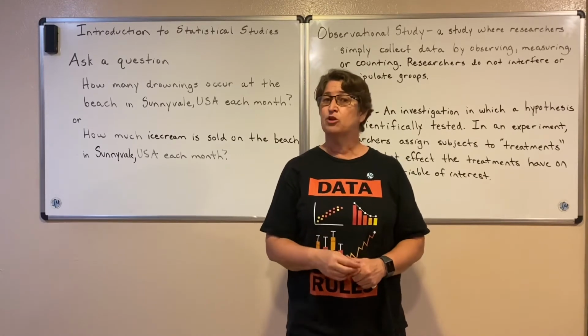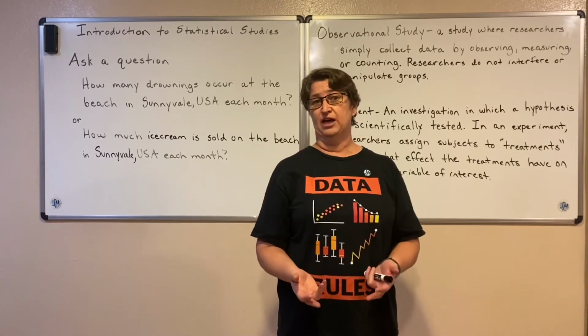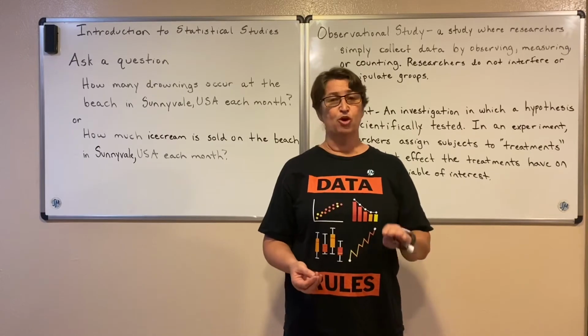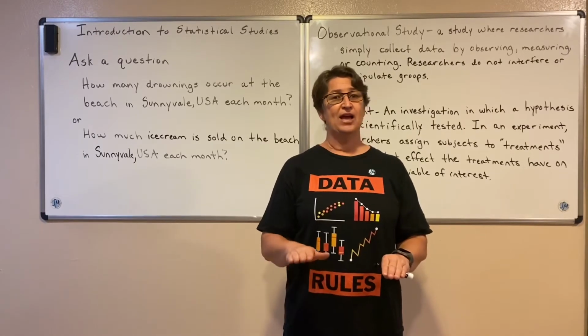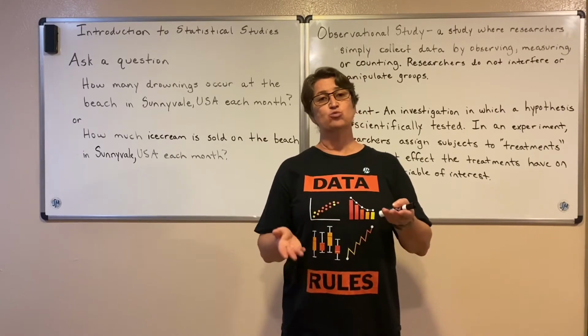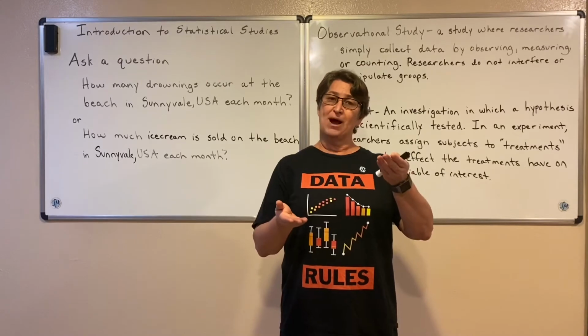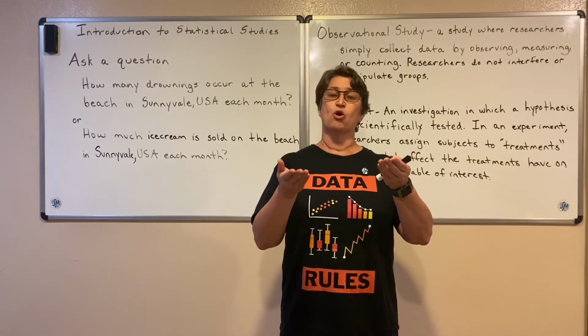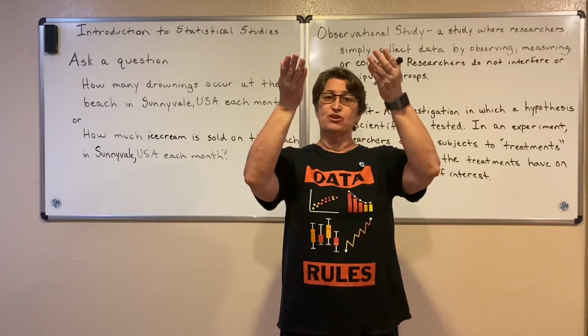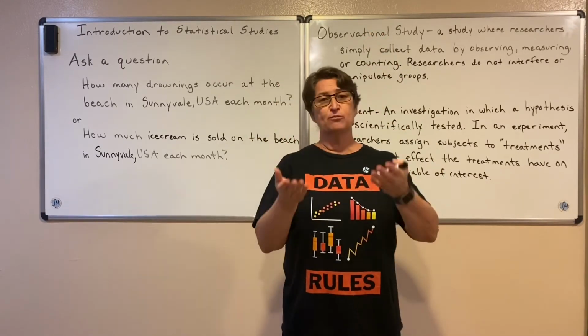Something like the temperature outside. Maybe when it's cold outside, people don't buy ice cream and they don't go swimming so they don't drown. But as it gets warmer, people start buying ice cream, they swim more, and so therefore there will be more drownings. And so the higher the temperature, both of them go together.